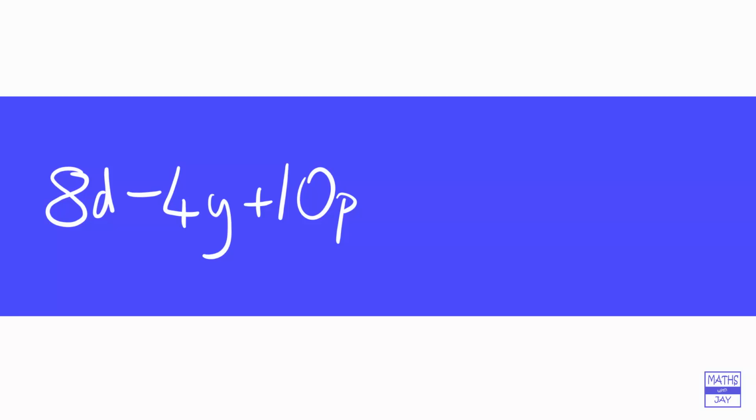So when we're looking to see if there's a common factor, we need to look at all 3 terms. So it's no good looking at the 8 and the 4 and thinking, they've got a common factor of 4, because that doesn't go into 10. So we've got to look at the 8, the 4 and the 10 and see the highest common factor of those 3 numbers is 2.